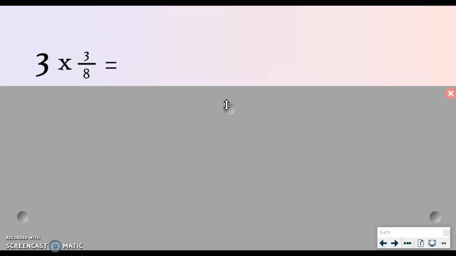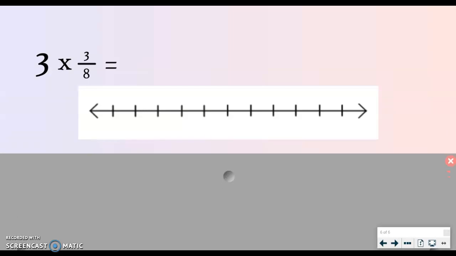Okay, so lots of different strategies you could have used here. If you wanted to do a number line, okay, I have 0 here. We always have to have our number line start at 0. And then I'm just going to do my 8ths here. And I think I'll have enough.